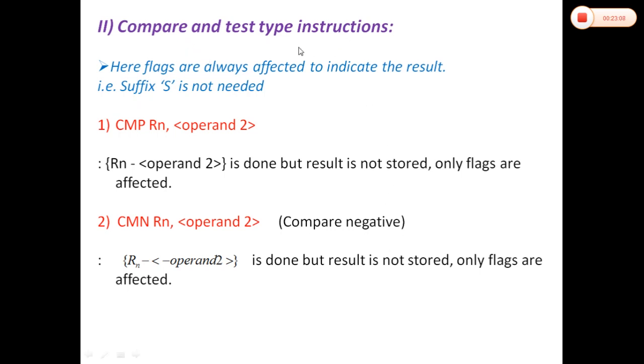Compare and test type of instructions. In these instructions, suffix S is not needed. This is because these instructions give the result in the form of flags only. So when these instructions work, the result is indicated in terms of setting of the flags, and therefore S is not needed. Even otherwise, these instructions will always affect the flags.